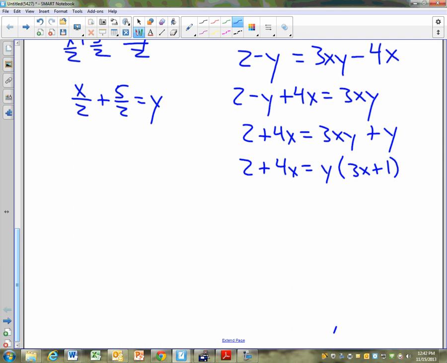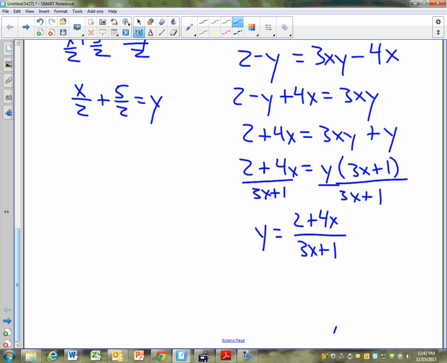How do I solve that? Divide by 3x plus 1. And when we do that, we get y is equal to 2 plus 4x over 3x plus 1. That's the inverse of your original function.